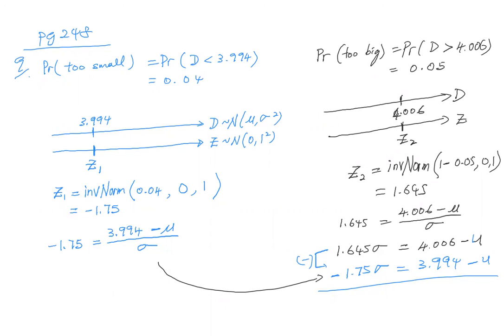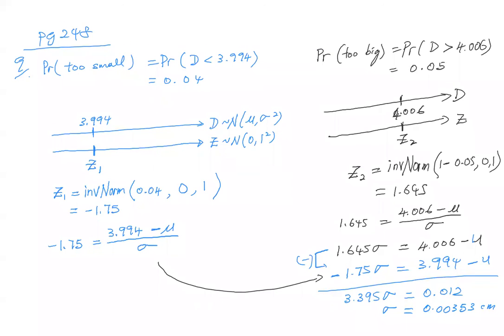So I got 3.395 standard deviation is equal to 4.006 take away 3.994. I get 0.012. So standard deviation equal to 0.00353. So you see how precise it is?